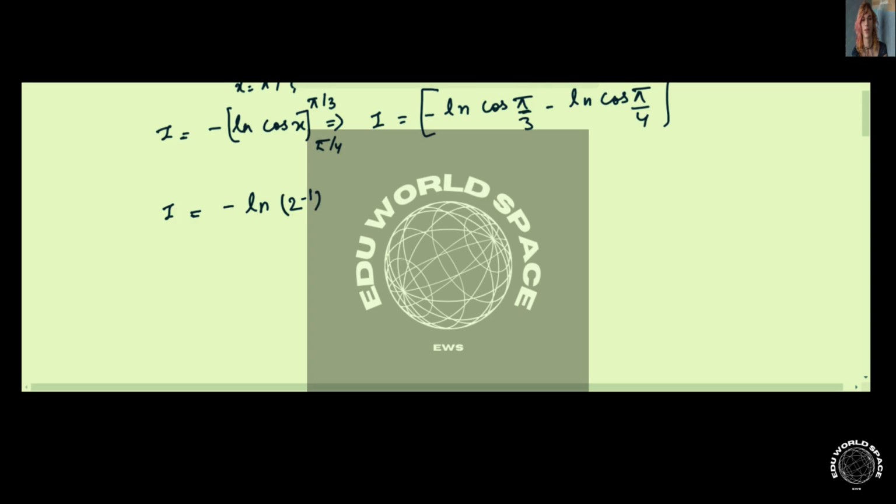And this will be plus ln of cos pi by 4, which is 2 to the power minus 1 by 2. I'm sorry, this becomes plus here, because minus and minus will become plus.